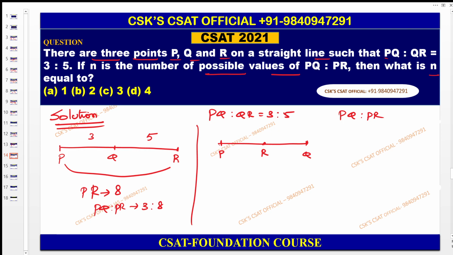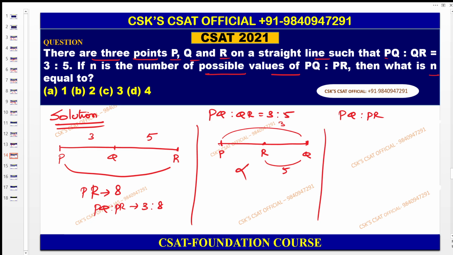PQ is 3, and QR is 5. This itself you can say is not possible, since here PQ is more than QR. Therefore you can eliminate that one.